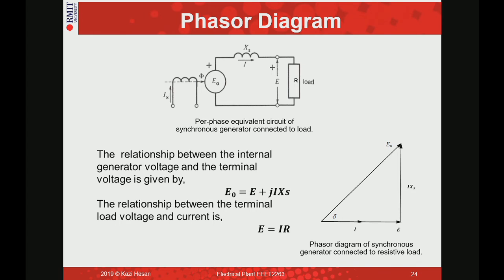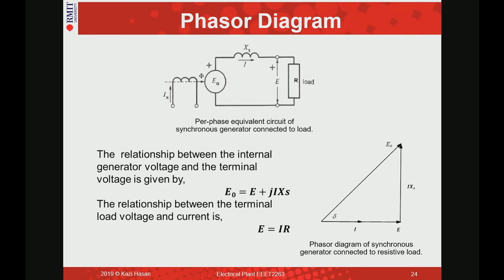Okay? Now, we have a per phase equivalent circuit diagram of a synchronous machine given: internal generator voltage, synchronous reactance, and a load resistance R. For that circuit, we can write these equations. Even when we solve mathematical problems we write these equations.